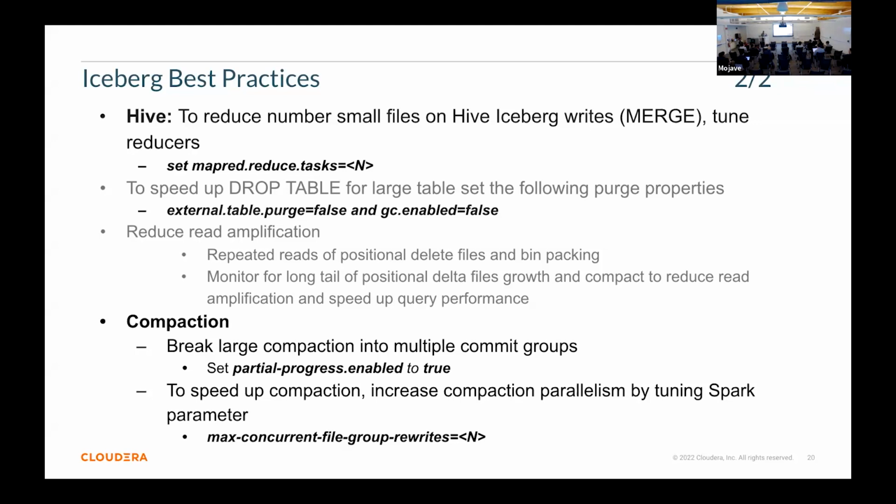And the question of compaction always comes up, right? So what do you do? How do you improve your compaction speed and overall performance? So at least in Cloudera, we have done some work with Spark. Spark allows procedures to do the compaction.